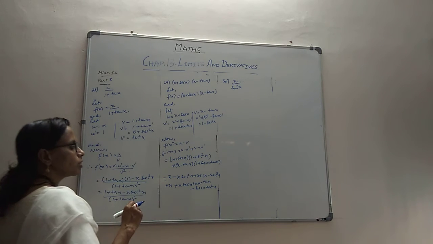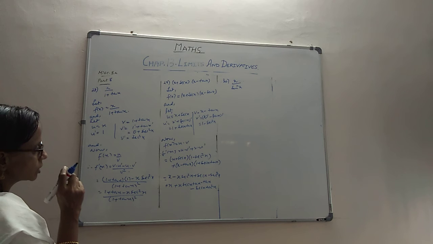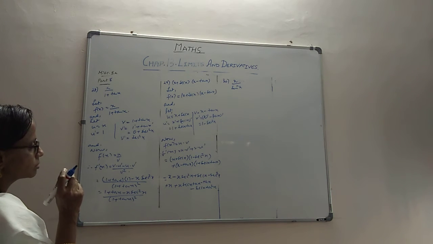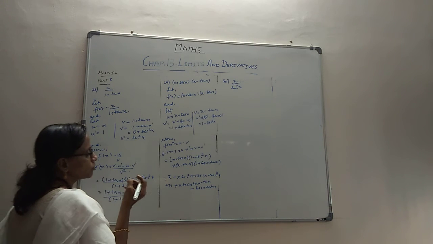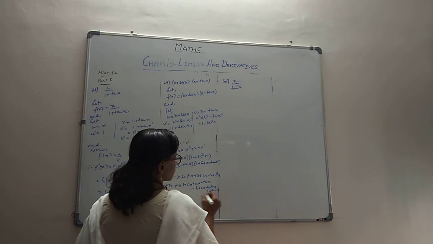Tan squared x could be called sec squared x minus 1, but anyhow, I don't think sec squared x is going to cancel. It will just add up. If you want, you can call this sec squared x minus 1.